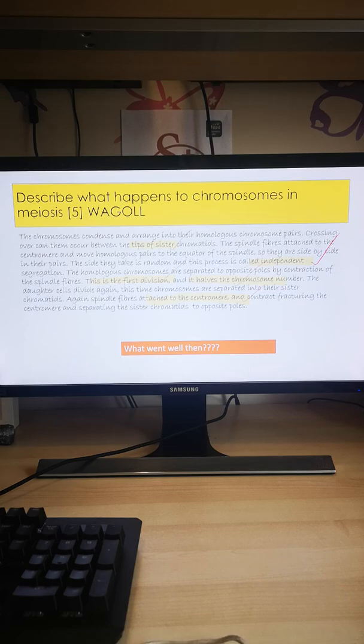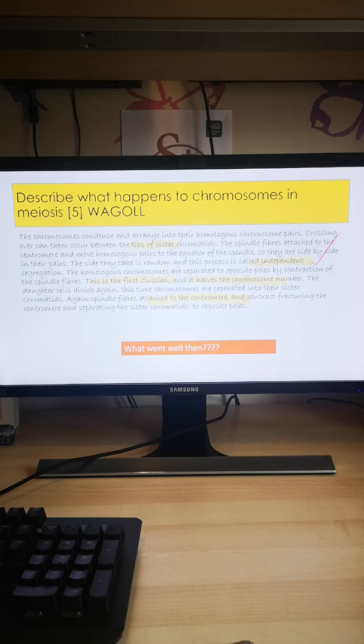Okay, what I think now on the new specification you'd have to add is the chiasmata points, and be very careful to say that they're non-sister chromatids that are exchanging tips. They also got a mark point for independent segregation, describing that process.